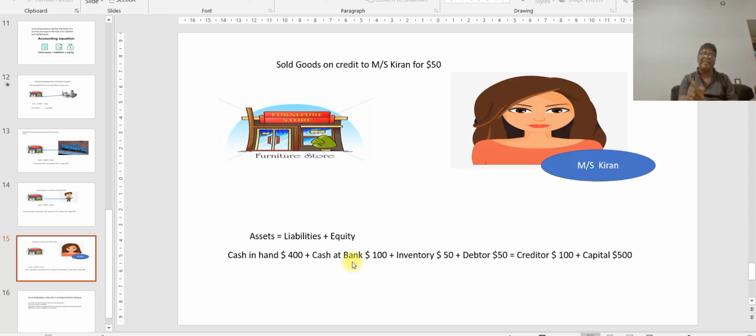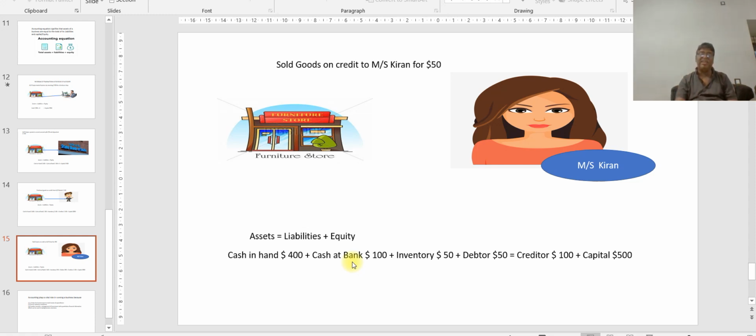Then sold goods on credit to Messrs. Kiran for $50. Here when we are selling goods to Kiran on credit, our inventory is reduced by $50, and Messrs. Kiran is our debtor. Our debtor will be increased by $50.